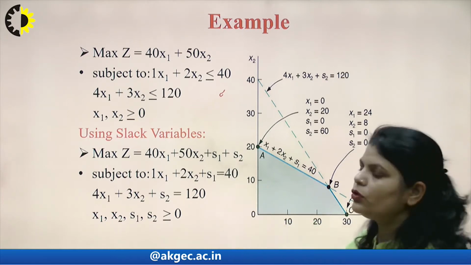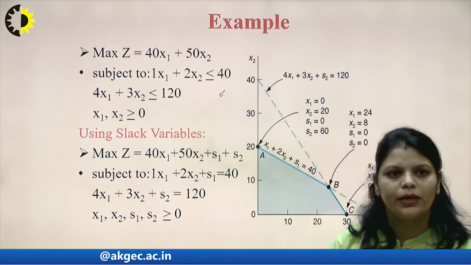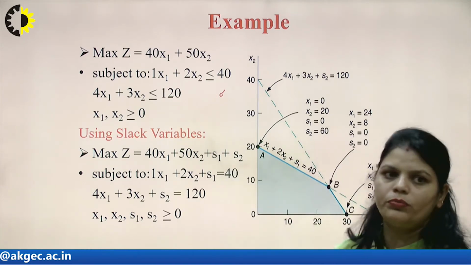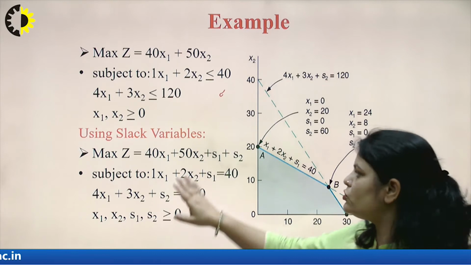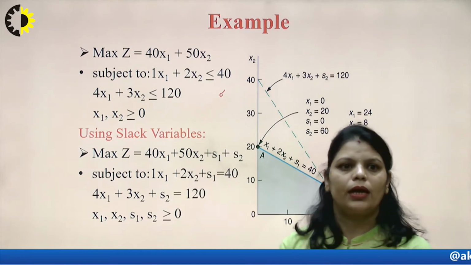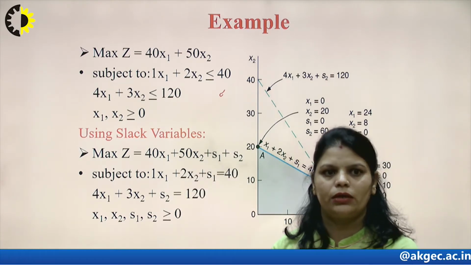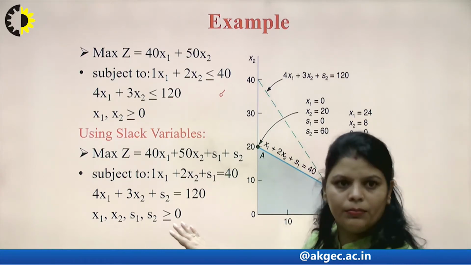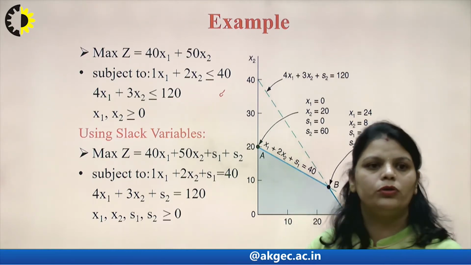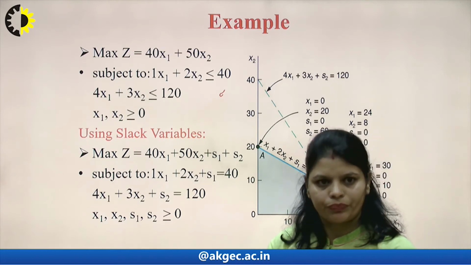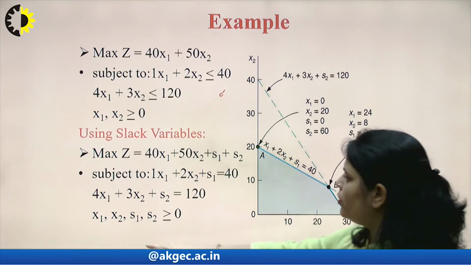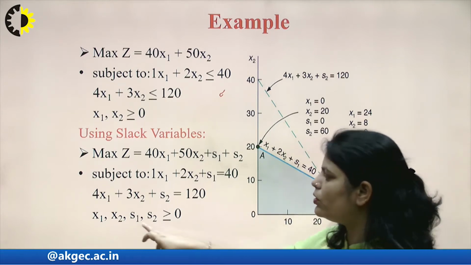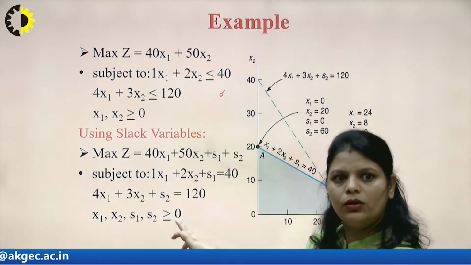So we have used two variables here, s1 and s2, and we have indicated them in the objective function also, but these two variables are not adding any value to the objective function. Clear? Now the same criteria applies, all the variables should be non-negative in nature. So we are indicating this, ensuring that all the four variables are non-negative.